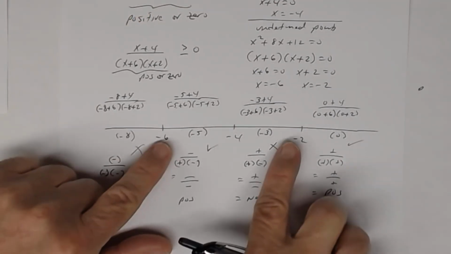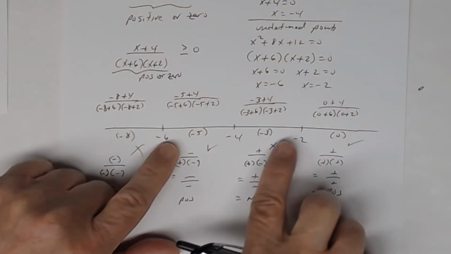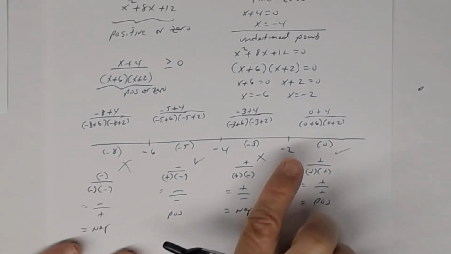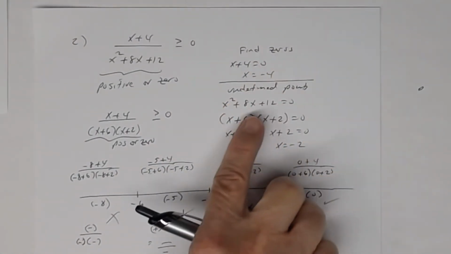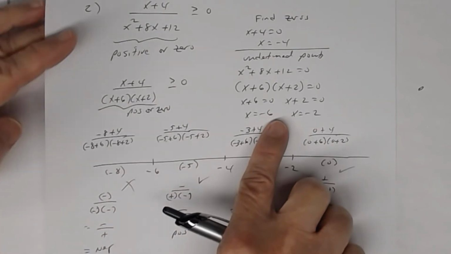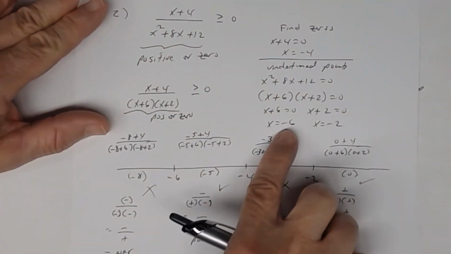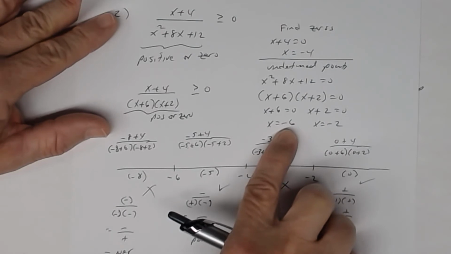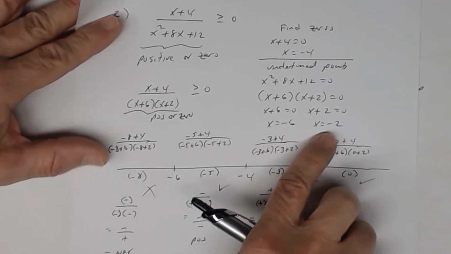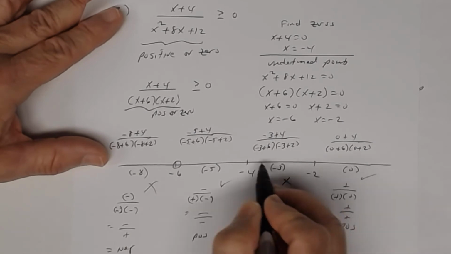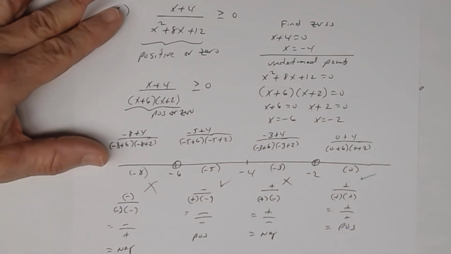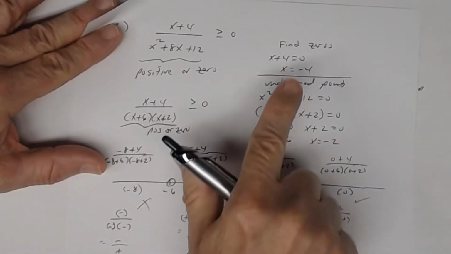All right, now we got to go and talk about those three values you put on the number line originally. Remember, undefined points can never be a solution, because it makes it undefined. So I'm going to put open circles on negative 6 and negative 2. Now let's talk about the 0.